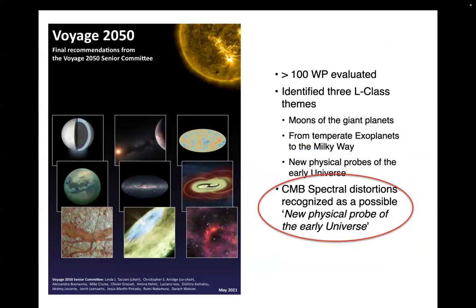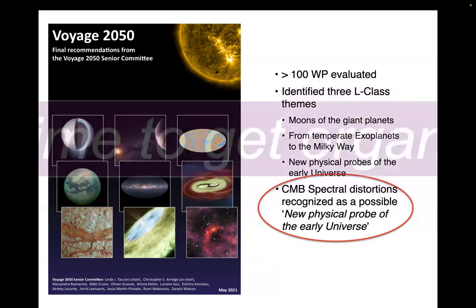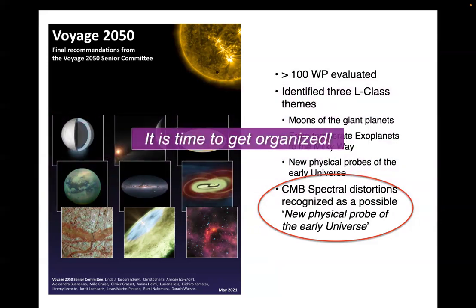And this is really great news, because it means that we just have to organize the community, get together, come up with a great and credible proposal, and then hopefully we'll be able to measure these signals and learn something about the early universe.